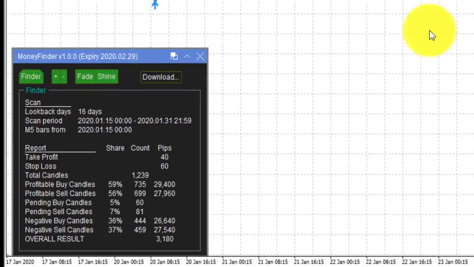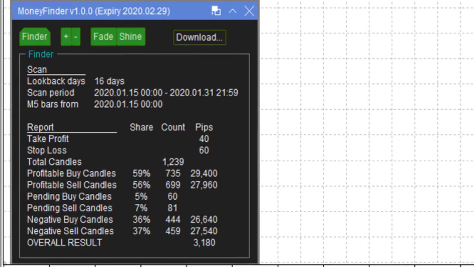Now, the biggest success factor is that if we take this period that we're looking at on the screen, and the look back period is 16 days, that's how it works. And what we're doing is we're looking at the take profit of 40 pips and a loss of 60 pips.